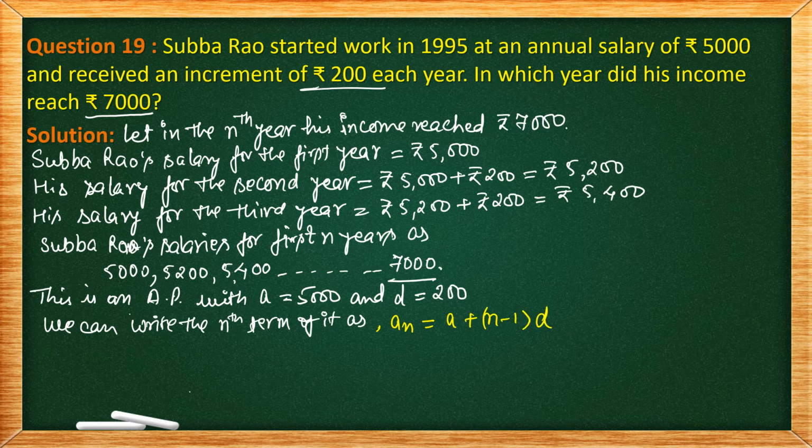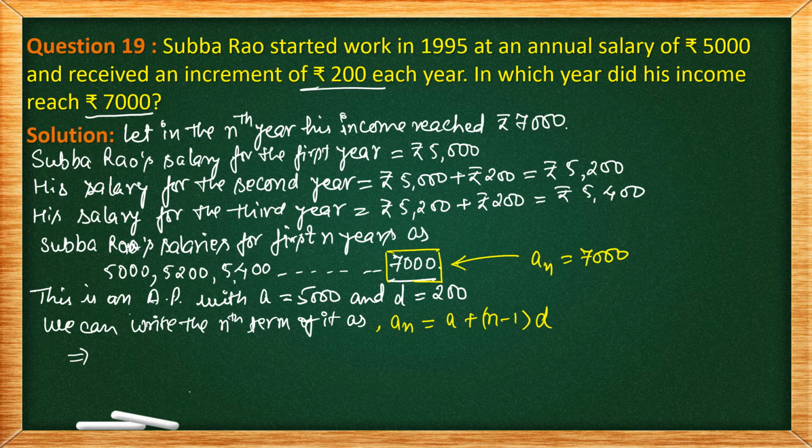Now here we can see this 7,000 is the income for the nth year. So this is the nth term an and this is 7,000. So we can substitute it here.